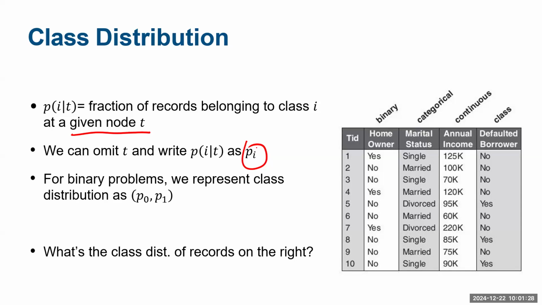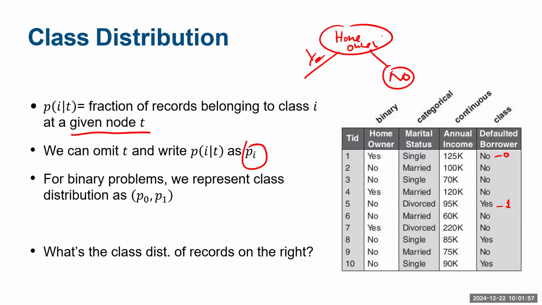So if I look at the root node, let's say I have the node with home owner, and then it's going to split into yes and no. Let's say no is 0 and yes is 1.